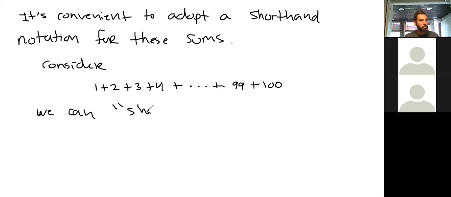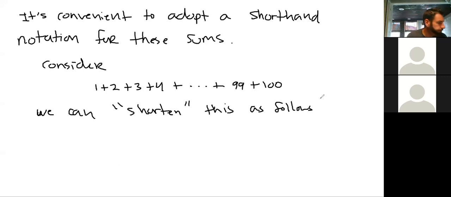So what we can do is shorten this as follows. One plus 2 plus 3.